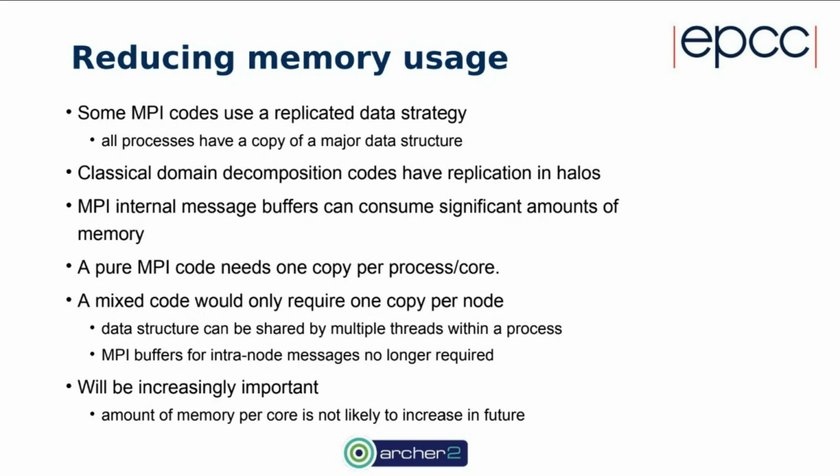It's sort of 1 to 4 gigabytes per core. That's the kind of order, and that hasn't really changed very much in the last decade or so. We've kind of been stuck with that.